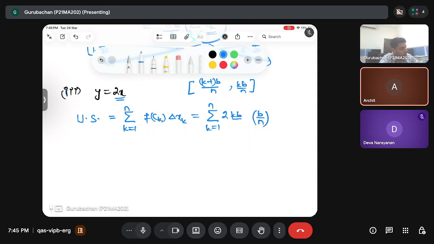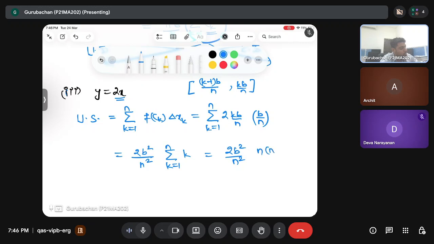kb by n. So this will give you 2 b square by n square summation k = 1 to n of k. So this will give you 2 b square by n square into n into n plus 1 by 2, the sum of n natural numbers. So the limiting value, or we can say the upper integral, is the limit as n tends to infinity of the upper sum.